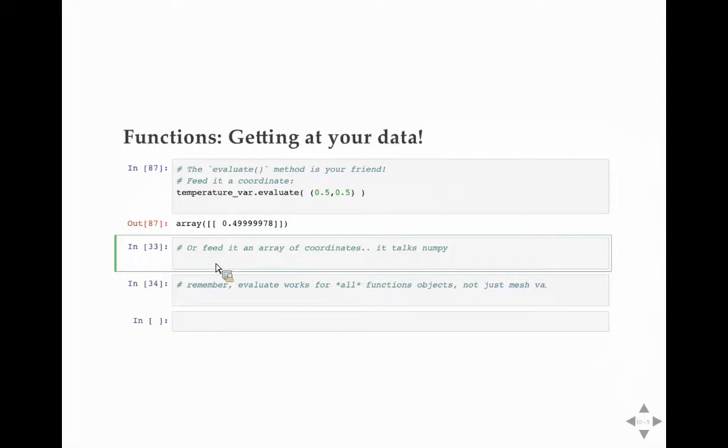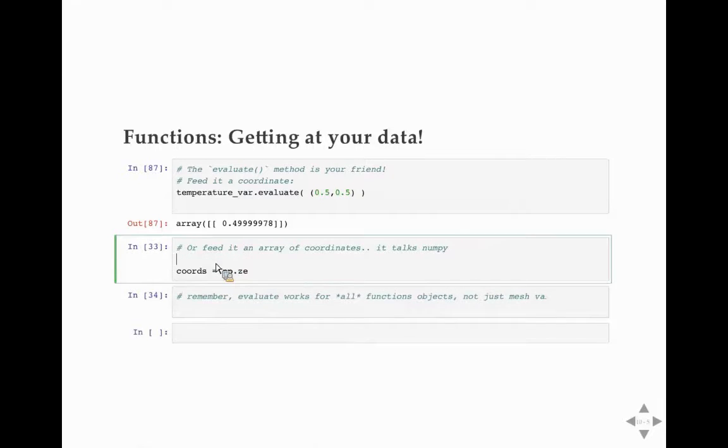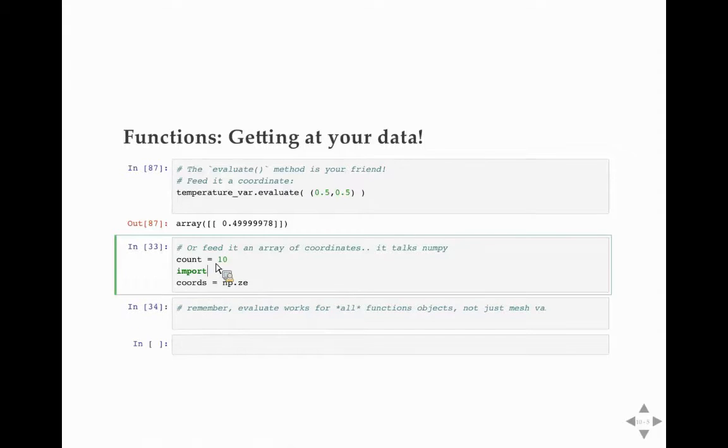Likewise, instead of passing in one coordinate, you can pass in an array. So let's create an array called coord. Let's say we want to get 10 points. I think we had it somewhere. Right, so we want a coordinate array of counts.